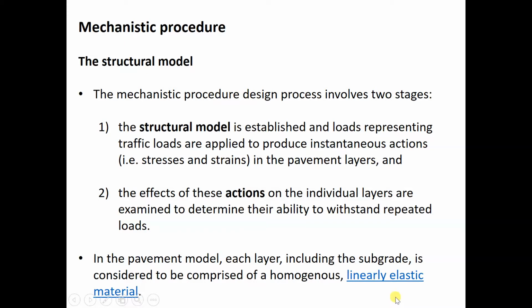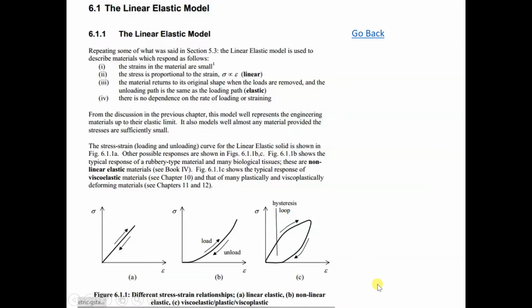That means that in the x, y, z directions, they are the same material, and it is linearly elastic material. That means that when you apply the traffic loading and then remove the loading, it will bounce back to the original position. So this is the linear elastic model.